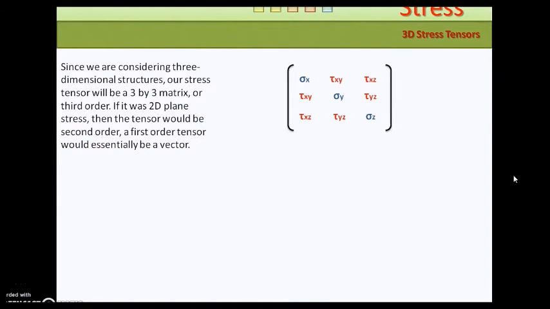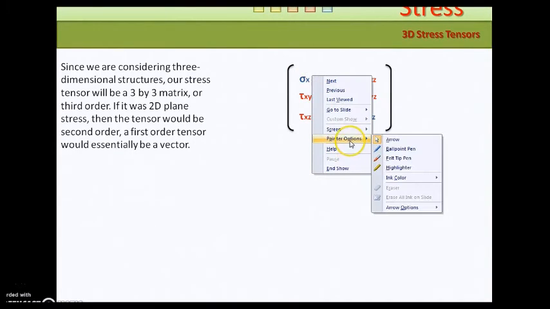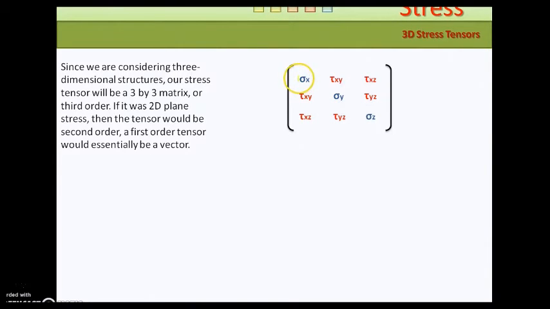2 dimensions would correspond to a 2x2 matrix, and 1 dimension denotes a vector, so simply a magnitude of stress and its direction. Quick note about the 2D case, the stress tensor for which would only include these terms here. So in fact I could highlight that just to show you.